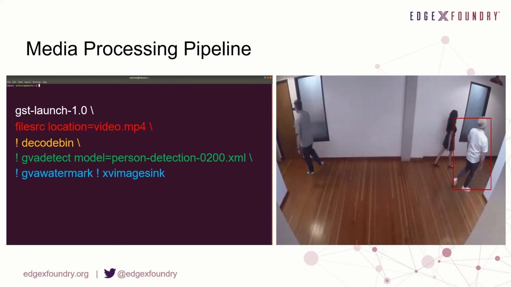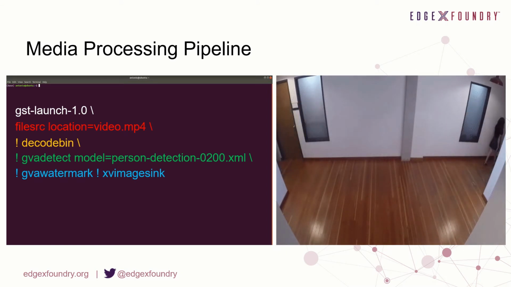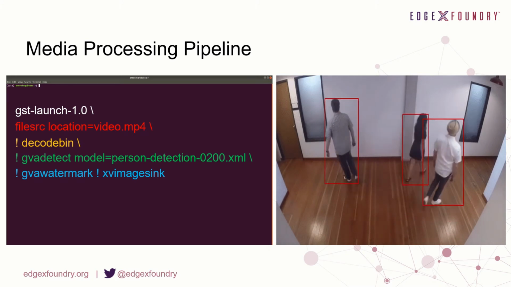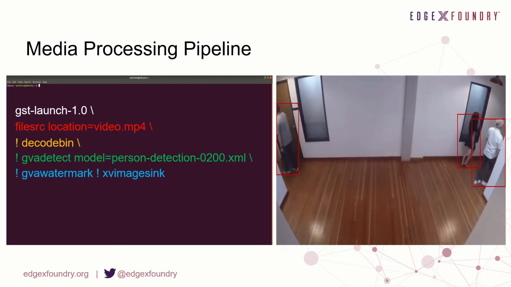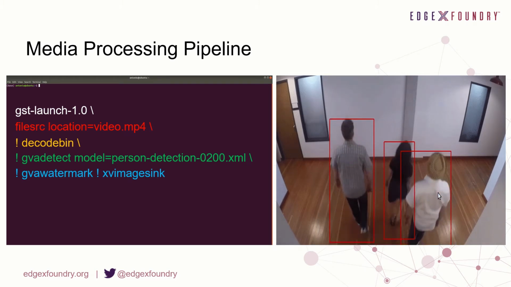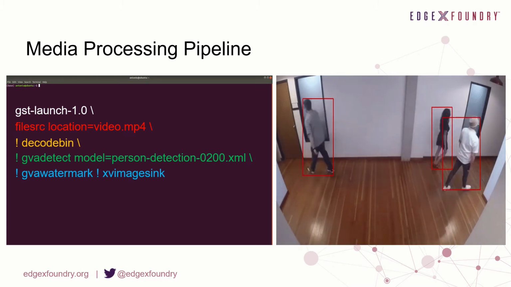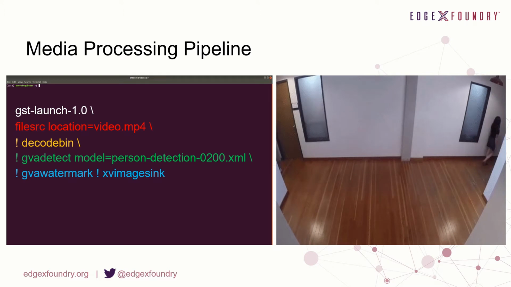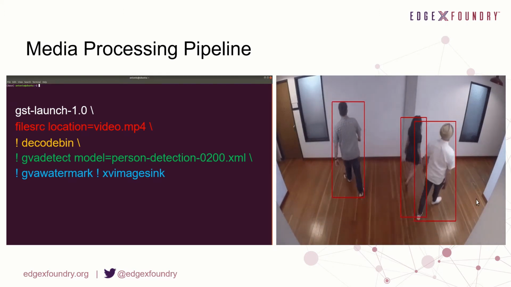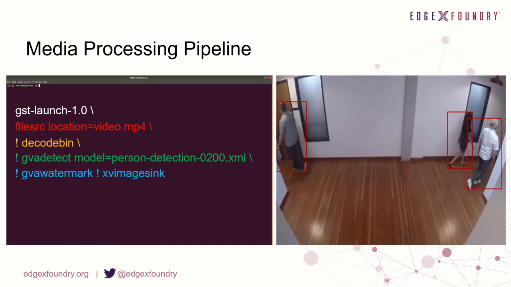We will be using this video file and running the person detection model against all these frames. If you need video clips for demo purposes, OpenVINO also offers video clips for multiple purposes on github.com.